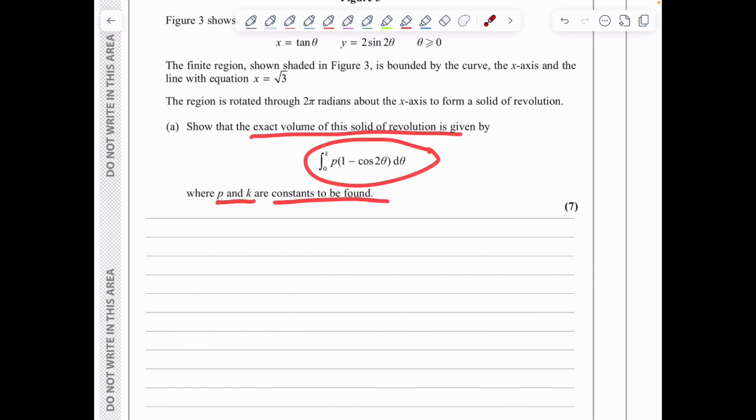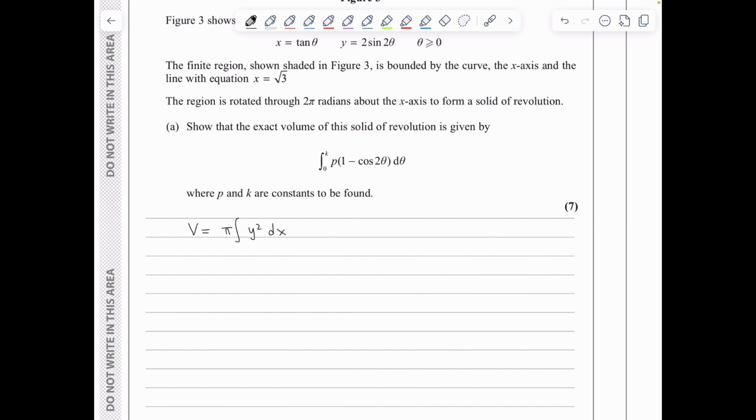Well, let's start by stating that the volume of revolution, capital V, is given by pi times the integral of y squared dx, and the limits are 0 up to root 3. Now we don't have y in terms of x, we've got y in terms of theta, so this is pi times the integral of y squared dx by d theta, times d theta.